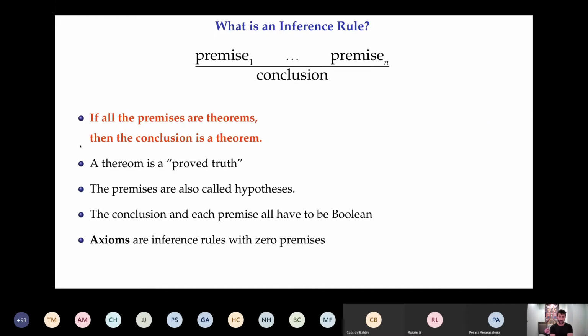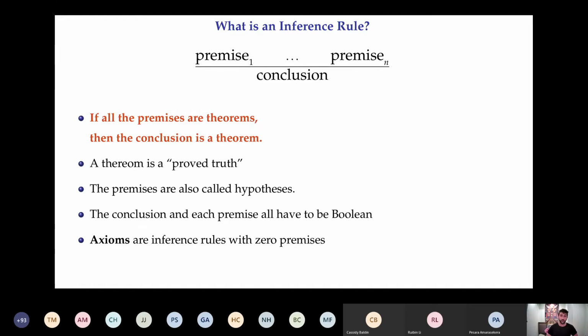As I said a moment ago, an inference rule just says, if I have all of these things that are true to begin with, then a particular manipulation of these true things is going to be true again. In a sense, an inference rule is like a theorem, except the theorem says that if this thing is true and this thing is true in a particular state, like when you choose particular values for variables, then in that particular choice, the conclusion will be true.